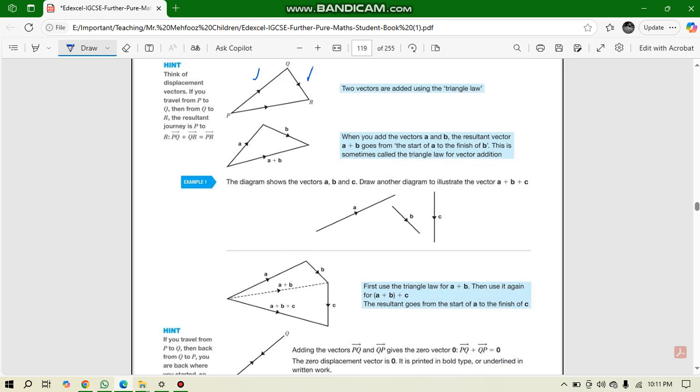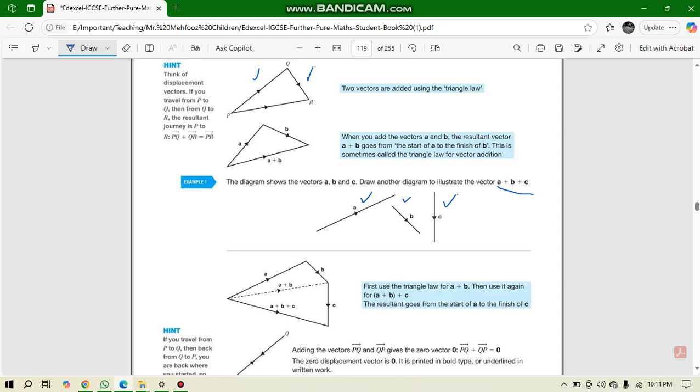The diagram shows the vectors A, B and C. This is vector A, this is vector B and this is vector C. You can see that all these vectors have magnitude as well as direction. So we have to draw the diagram which illustrates the vectors A plus B plus C. It means that we have to add these three vectors.